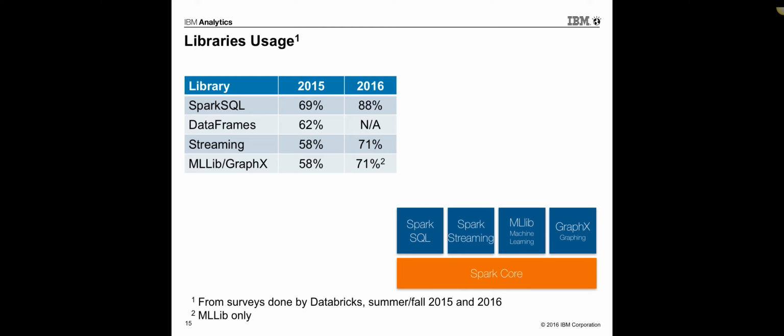And you can see which APIs are really being used, and it's not a coincidence, I think, that Spark SQL and Spark Streaming and MLlib are becoming more and more used as opposed to the original RDD-based APIs. This is a very friendly, familiar language if you're used to doing data science in R or Python, and you're used to working with data frames and those types of operations.